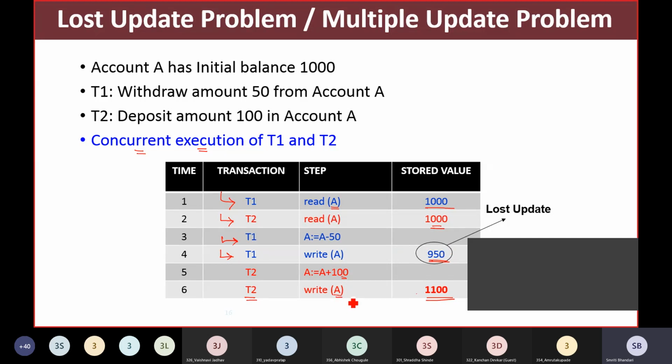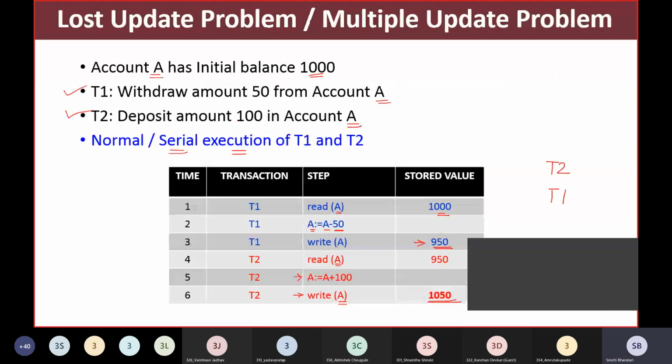So ultimately at the end we are getting the balance as 1100. And actually what is expected? We are expecting the balance that we have seen earlier, 1050, because serial execution of transactions is always correct. So ultimately what is expected after these two transactions is the balance 1050.